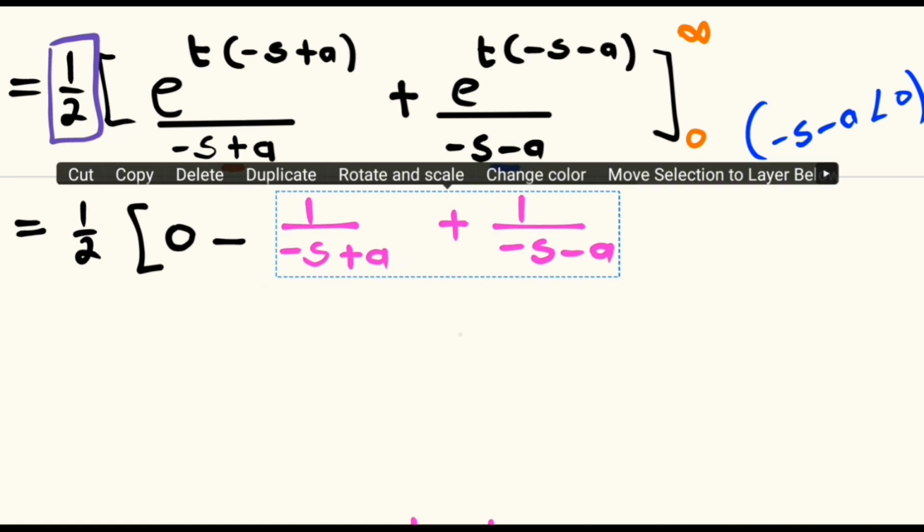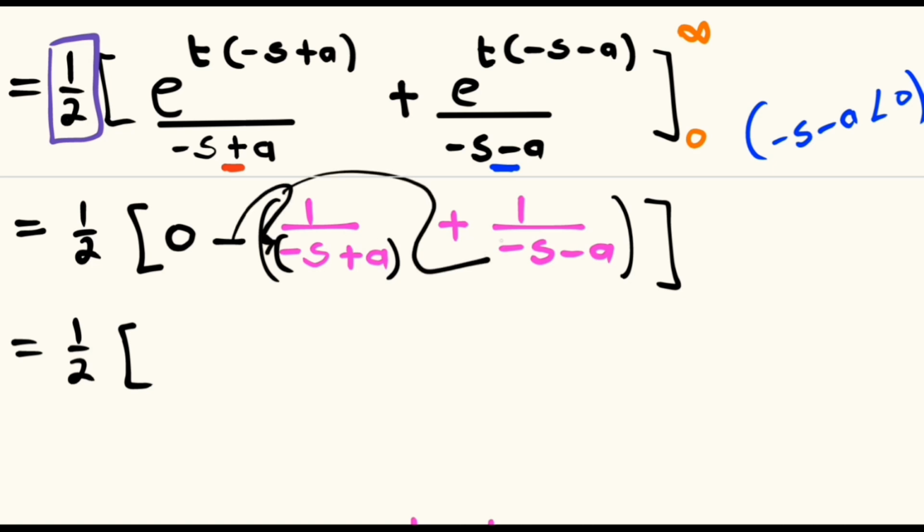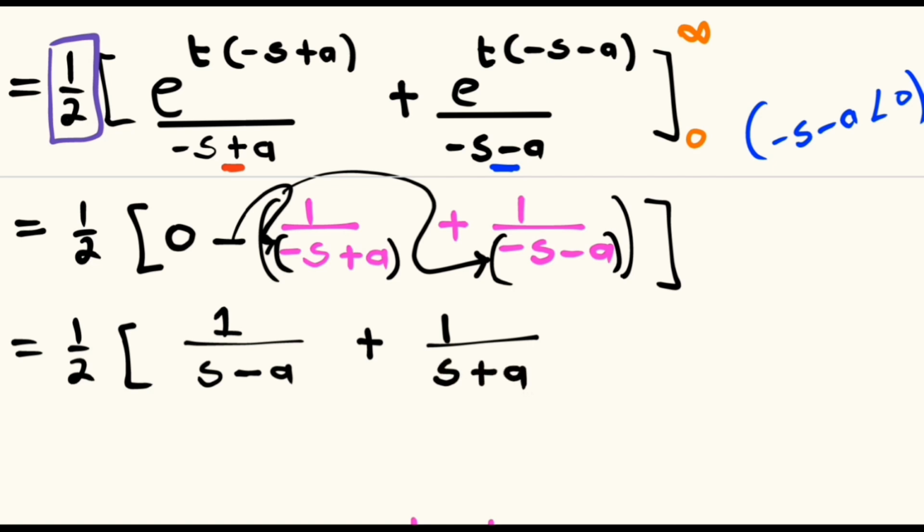We copy and paste it, and this will be in parentheses, and we have 1 over 2 into, so now we distribute the negative inside the parentheses, to the denominator, and this will be equal to 1 divided by positive s minus a plus 1 divided by positive s plus a.